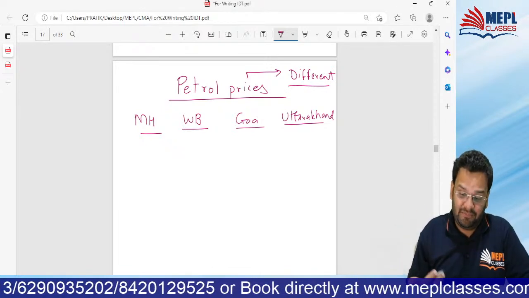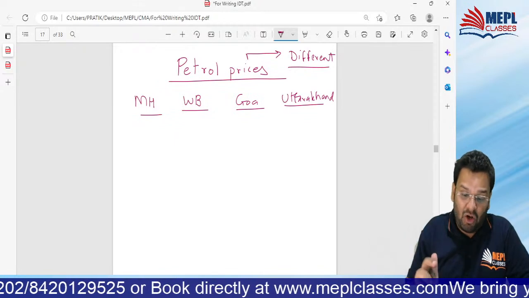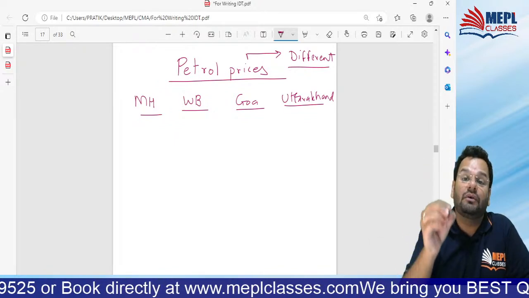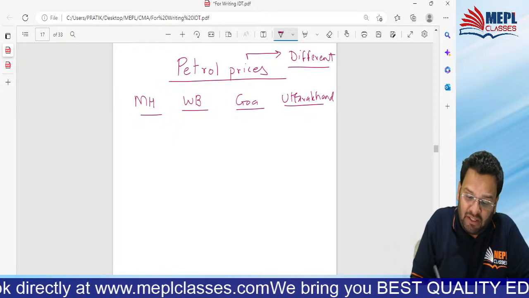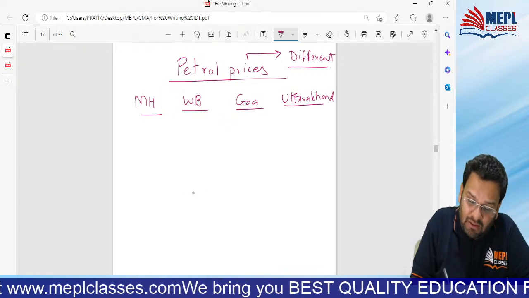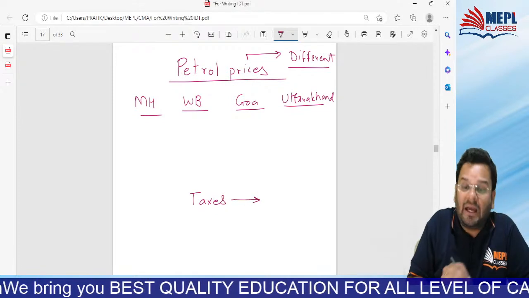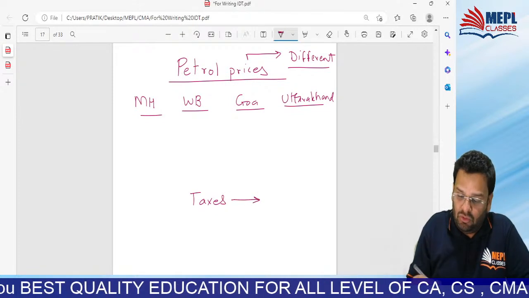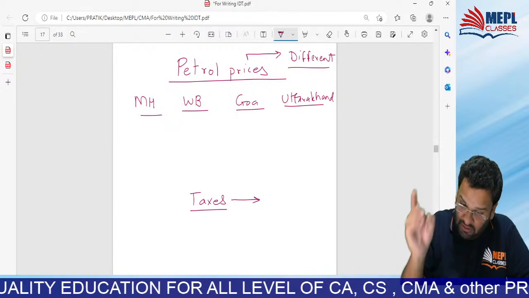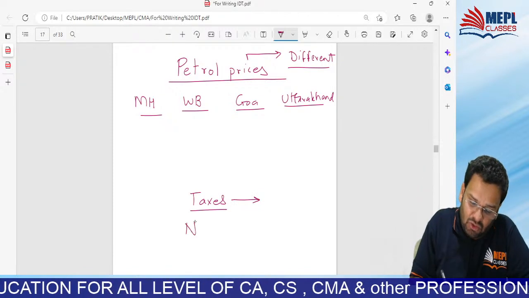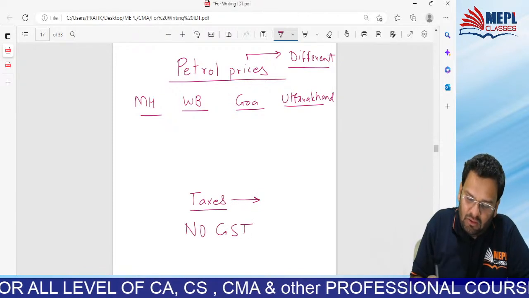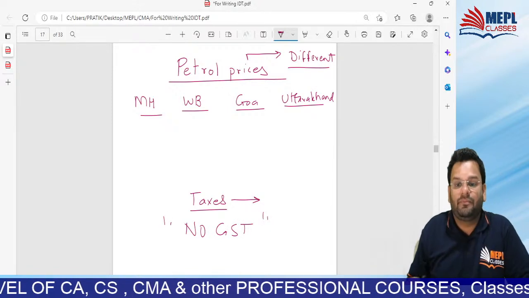Why are they different? They are different because of the element of taxes on petrol, you don't have GST. So as far as petrol is concerned, no GST on these fuels, right?